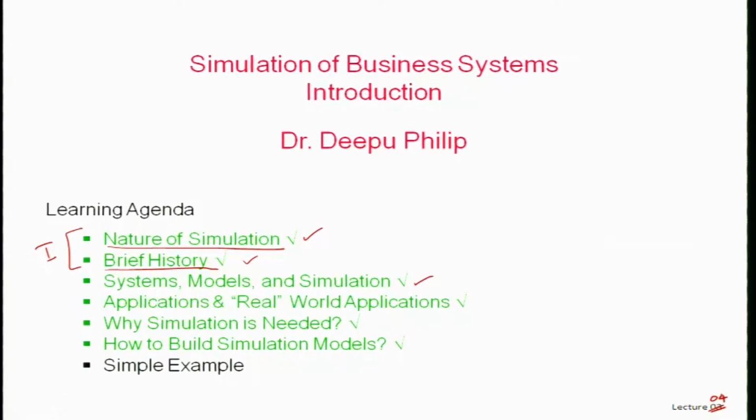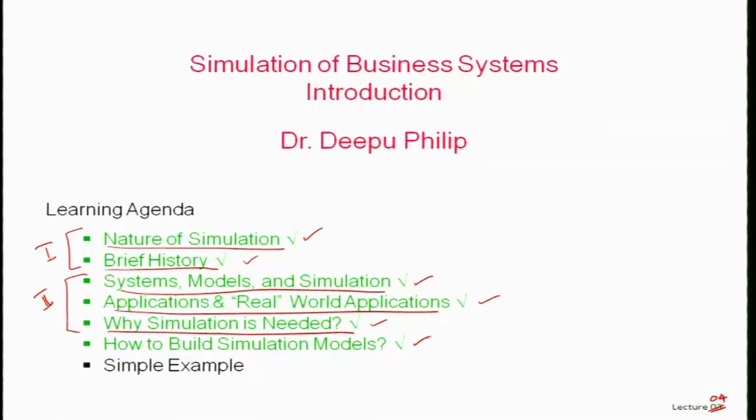Then what are the definitions associated with this, what are the major applications and real world applications, those aspects we also covered. And then why do we need to do simulation, this question we also answered. All these were part of lecture 2. Then how do we build a simulation model, we covered in the previous lecture, and the main aspects of simulation, especially discrete versus continuous simulation.